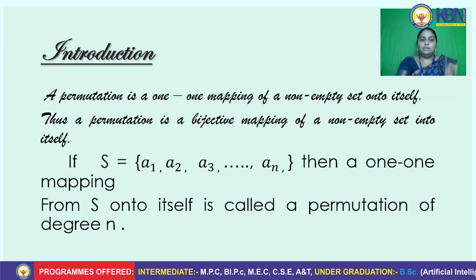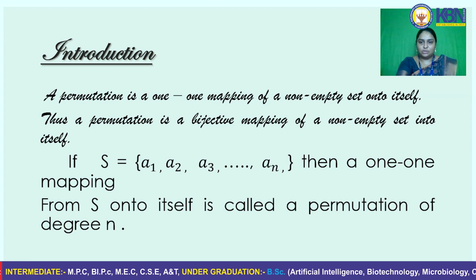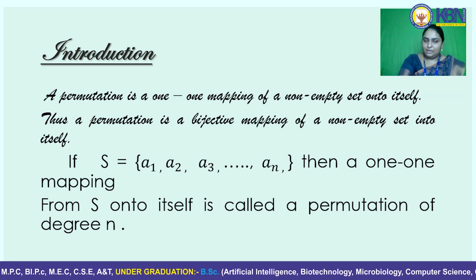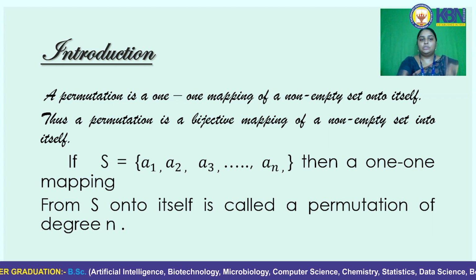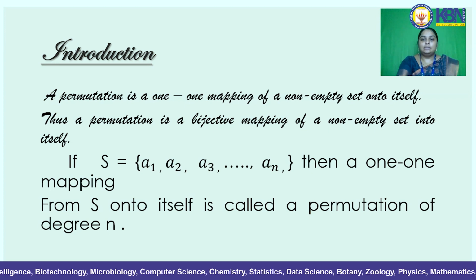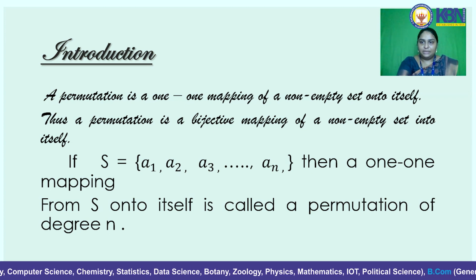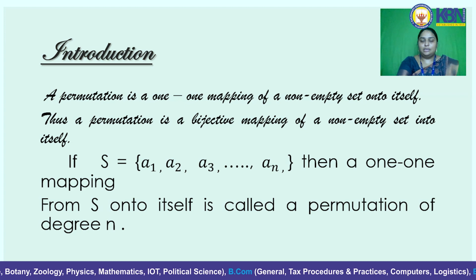For example, if there is a set S equal to the set of elements A1, A2, A3 and so on up to An, and the mapping is defined from the set S onto itself, that should satisfy one-one and onto. That is called a permutation mapping. Here we have n elements, so we say it is a permutation of degree n.